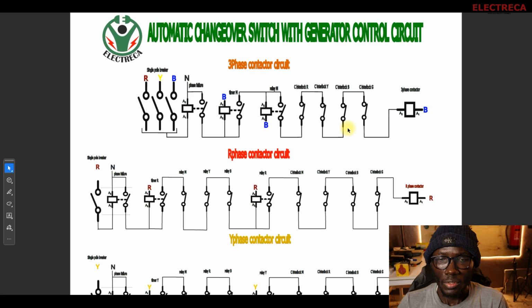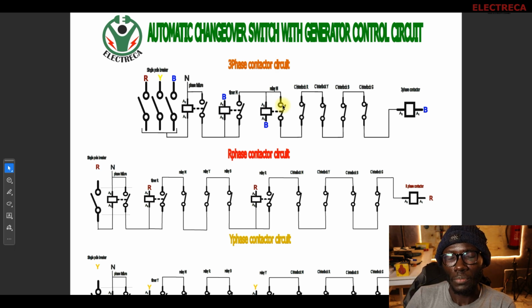Now, there is one thing you have to understand. So we explained in that video that we have to interlock these contactors through each other.